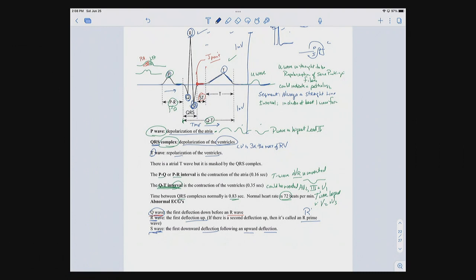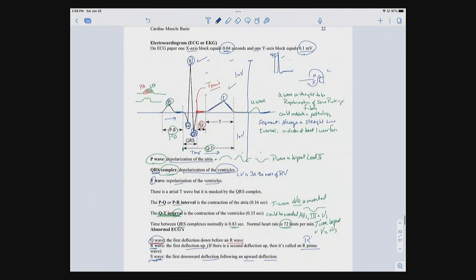Another thing I want to make sure we understand, and again more on this later: in your typical ECG, in this one you see the R wave is much higher than the S wave. And that is true in some leads. In other leads, the R wave is going to be small and the S wave is going to be very large. I don't want you to walk away with the impression that the R wave is always larger than the S wave.